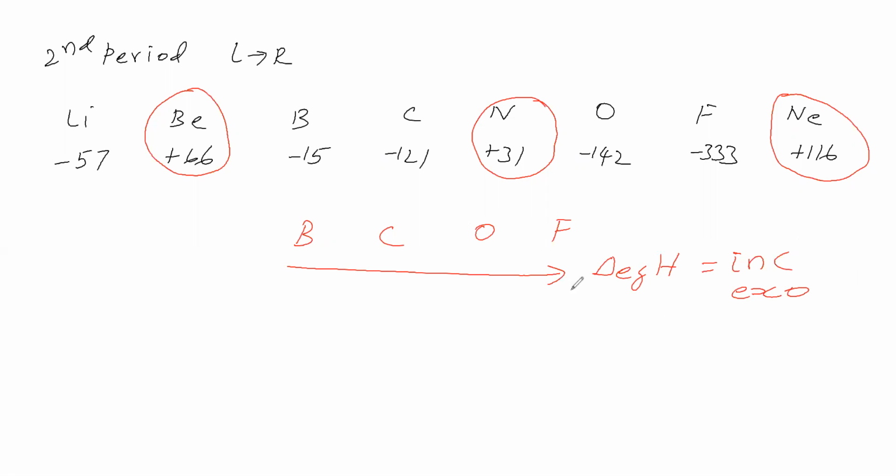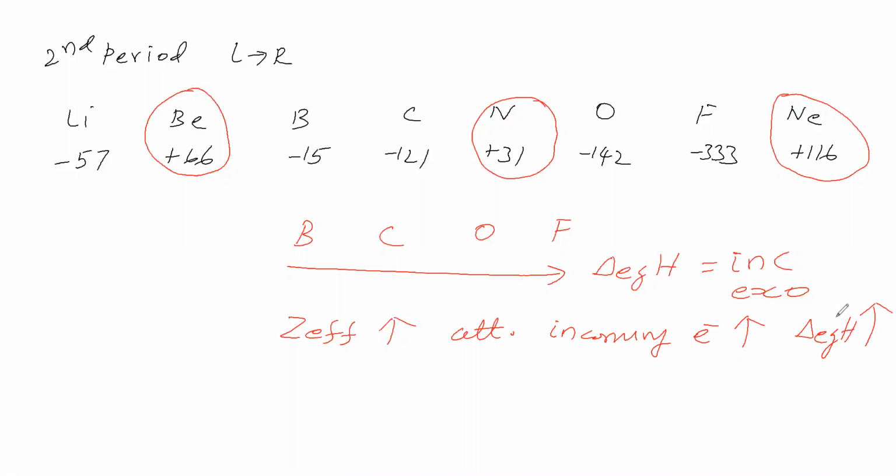Along the period, effective nuclear charge increases. Therefore, attraction with the incoming electron increases, and therefore electron gain enthalpy increases.